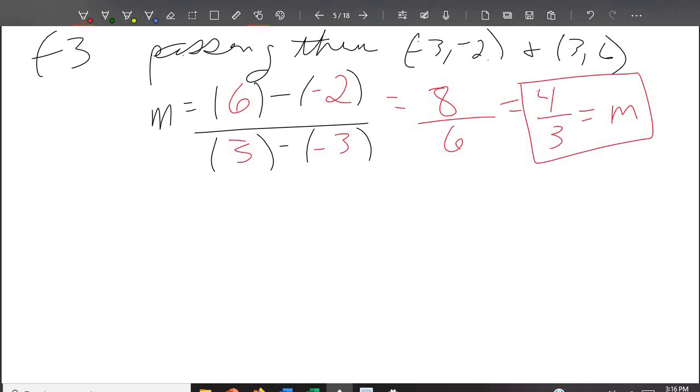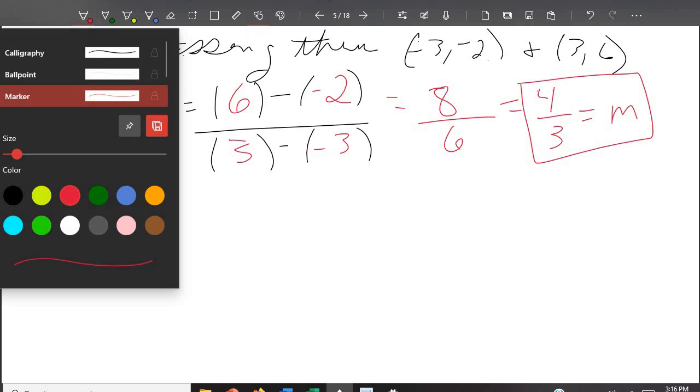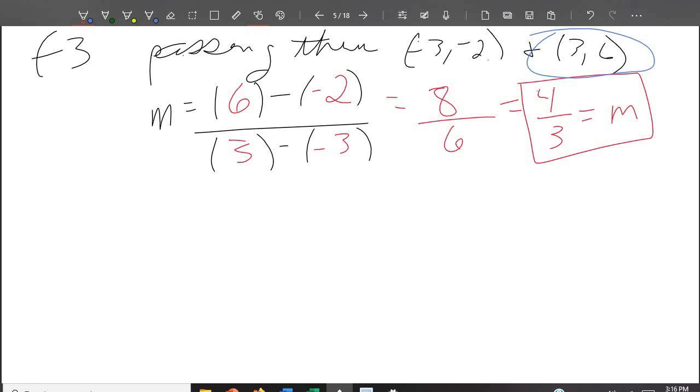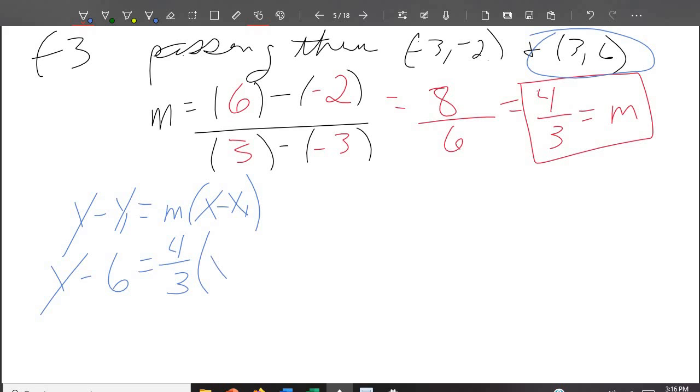Now, I want to use one of the points. It doesn't matter which point you use. I'm just going to choose this one because everything's positive. So we'll have y minus y1 equals m times x minus x1. Alright, so the y in this point is 6. The slope is 4/3. And the x is 3. Do the distributive property. We're going to have 4/3 x.